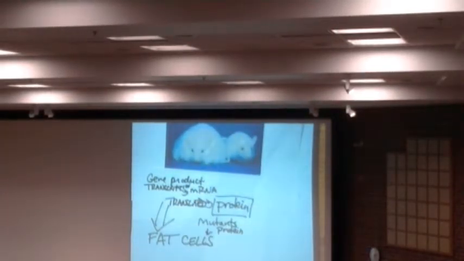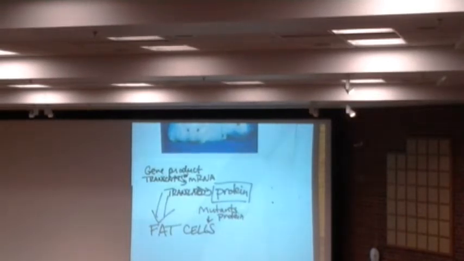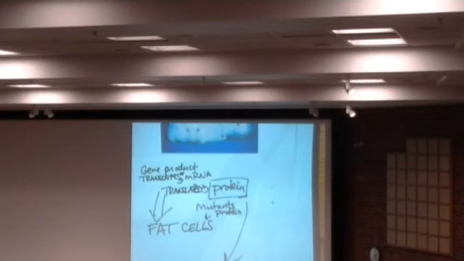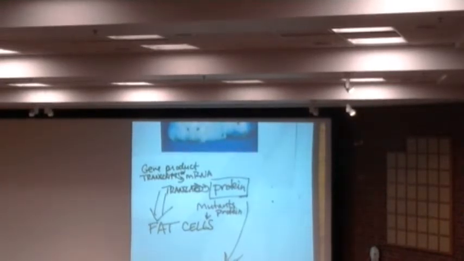And this protein is synthesized and made in fat cells. Now, what was found was that this protein is the exact same as the hormone we were talking about before, leptin.